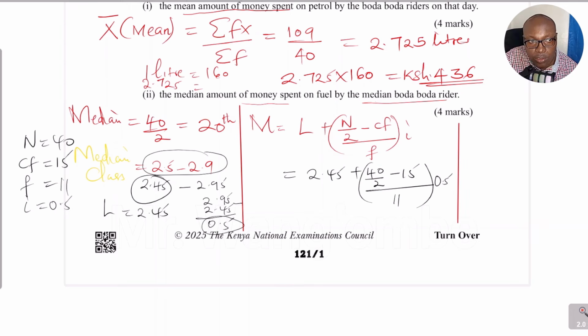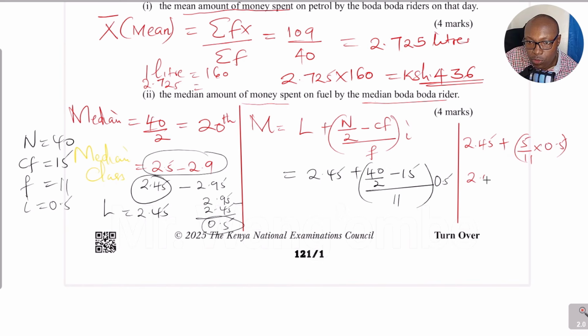So now use the calculator to work this out. It's quite easy. You shall have 2.45 plus 20 subtract 15, that is 5, divided by 11 times 0.5.